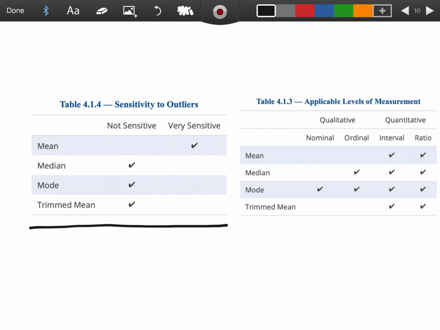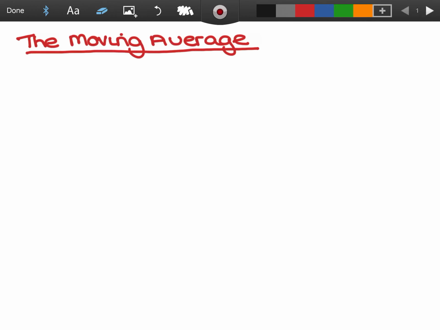So if you've got an outlier in there, it really doesn't make any difference. The mode and the trim mean, again, we have looked at, they are resistant to outliers, okay? Outliers do not affect them. Then we've got here whether you can use the mean, the median, the mode, and the trimmed mean for qualitative or quantitative data, okay?